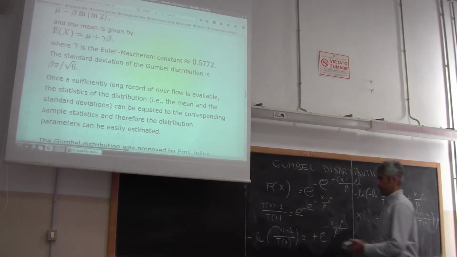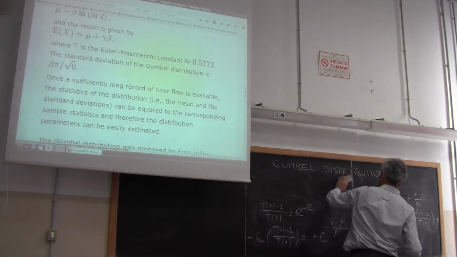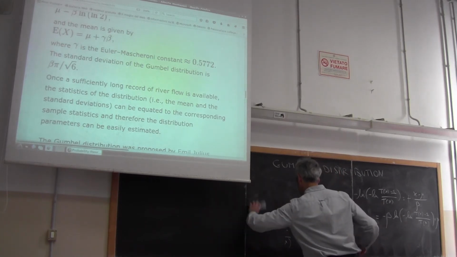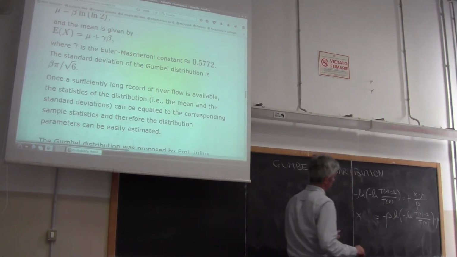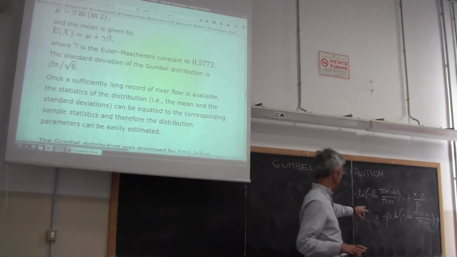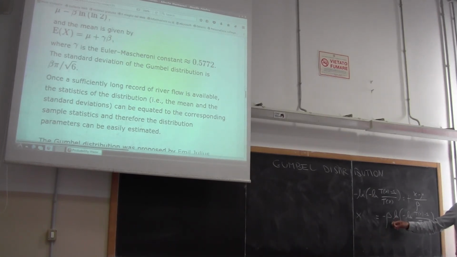Let me write it again here because I want just to show you that there are several different ways of writing this final relationship. First of all, remember that in some textbooks, instead of using beta as parameter, they use its reciprocal.